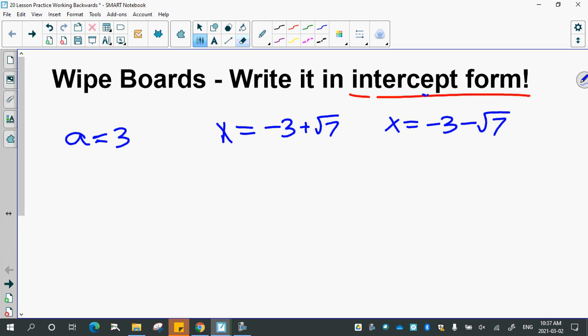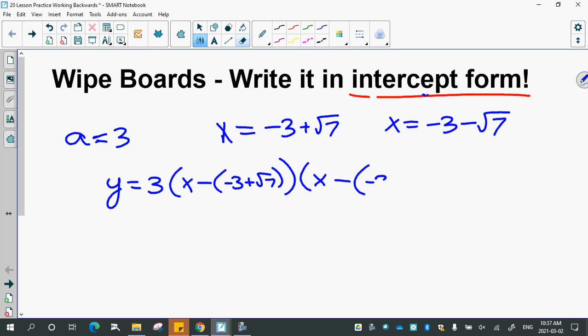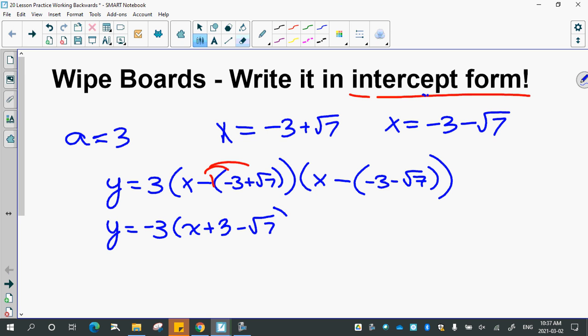So we got y equals 3, x minus negative 3 plus root 7, and x minus negative 3 minus root 7. So our answer would be x, and again, when you multiply a negative by a negative, you get a positive, so x plus 3 minus root 7, and x plus 3 again. Negative 1 times negative root 7 is plus root 7.